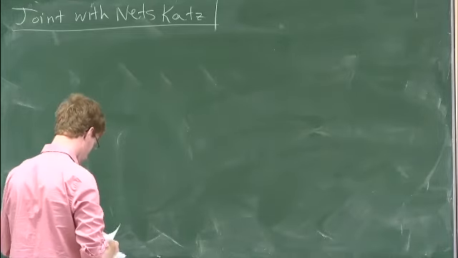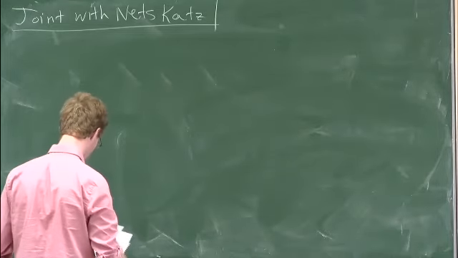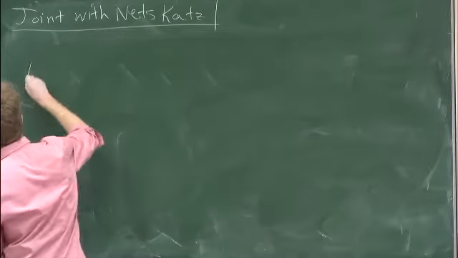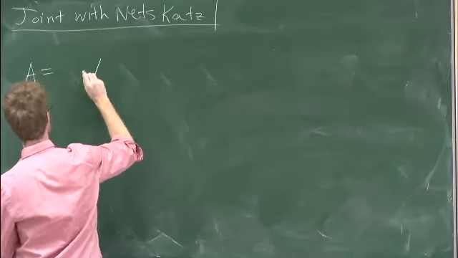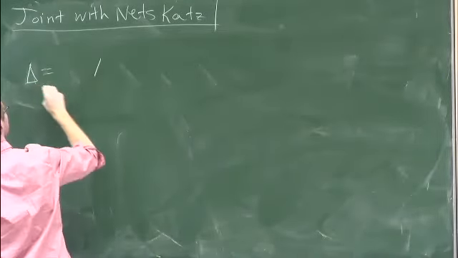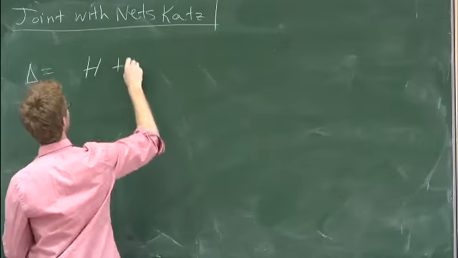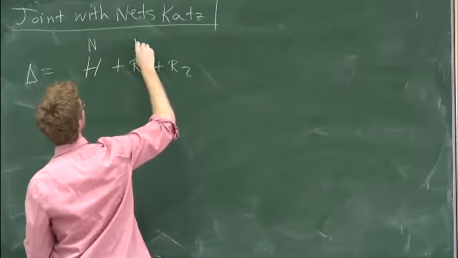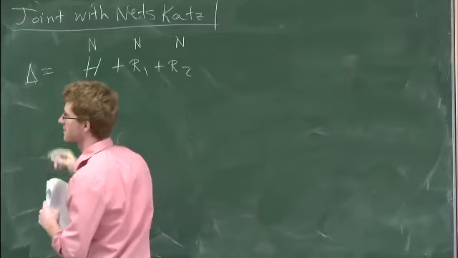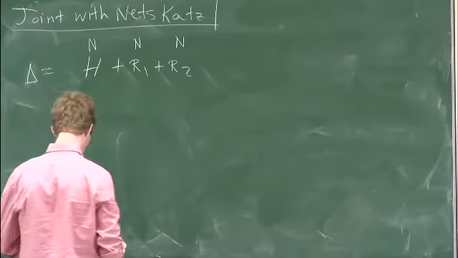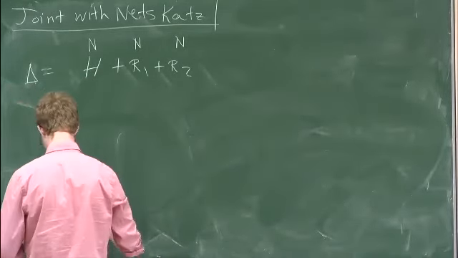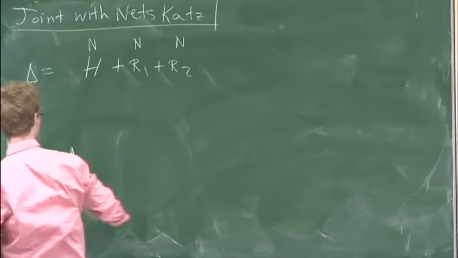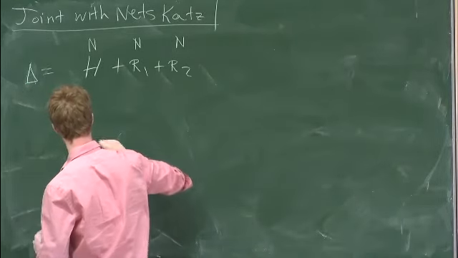So here's set A. Set A is going to be a subspace H plus a random set plus another random set. Each has size n. So still have size n to the third. And the set looks something like this. I have one copy of this kind of thing living right here.